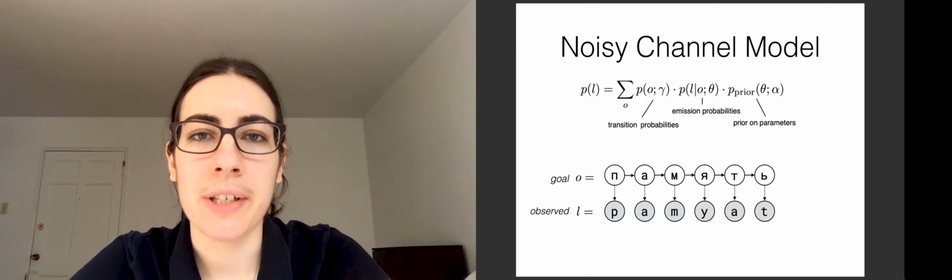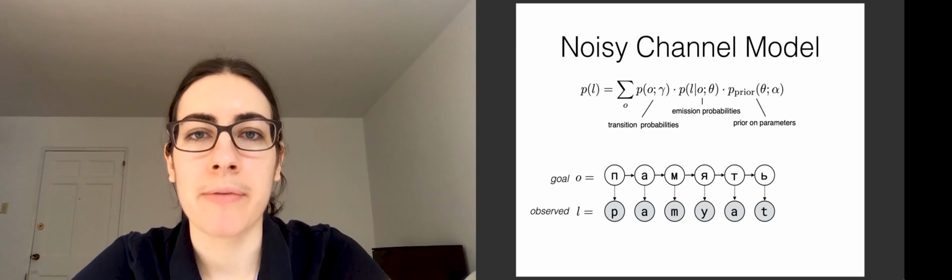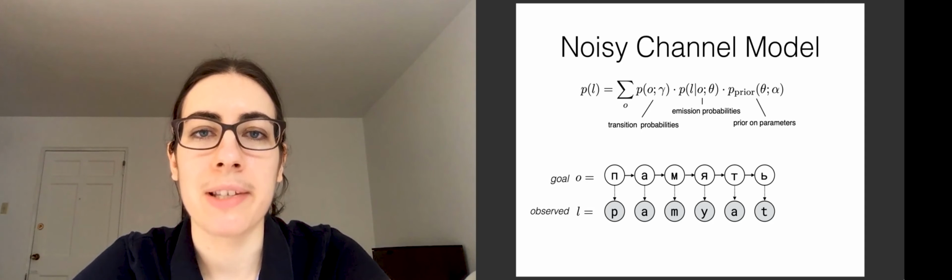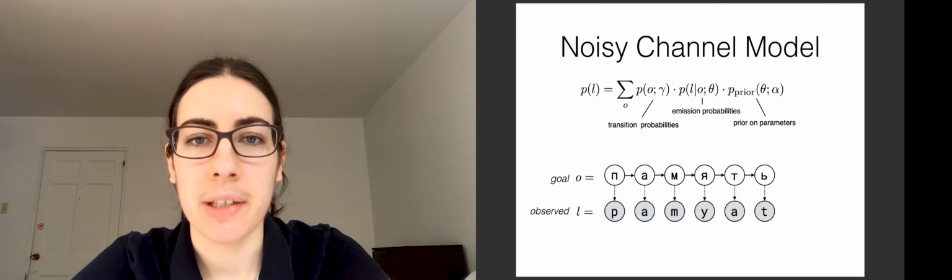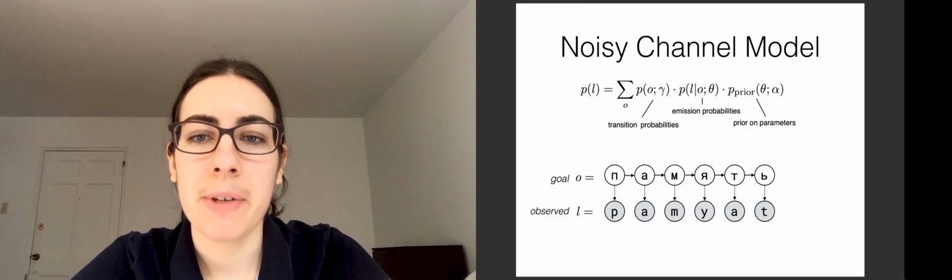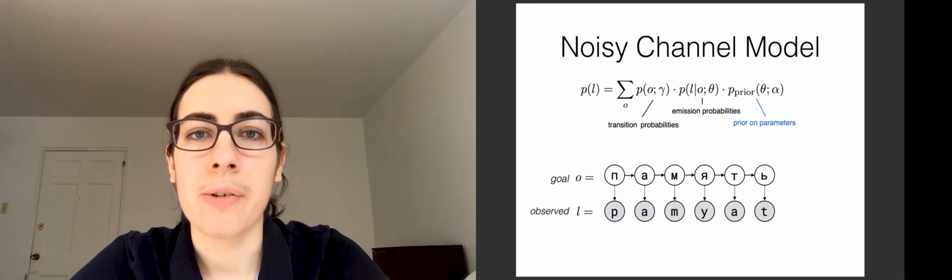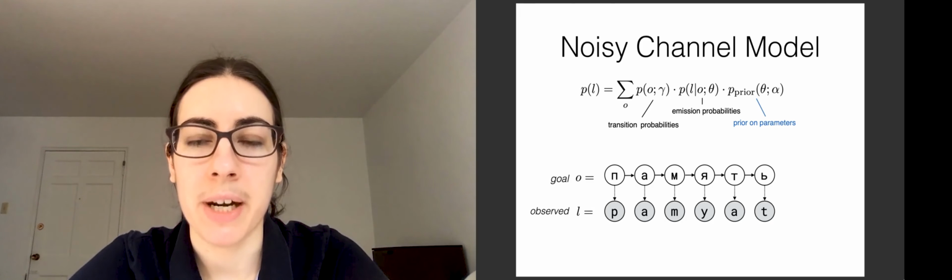We propose a noisy channel model where we observe a Latin alphabet sequence L and need to predict the original alphabet sequence O. And the probability of the Latin sequence is factored into the transition and emission probabilities and marginalized over all possible latent original alphabet sequences. Besides that, we have a prior on the emission parameters, which is how we encode the inductive bias into the model.